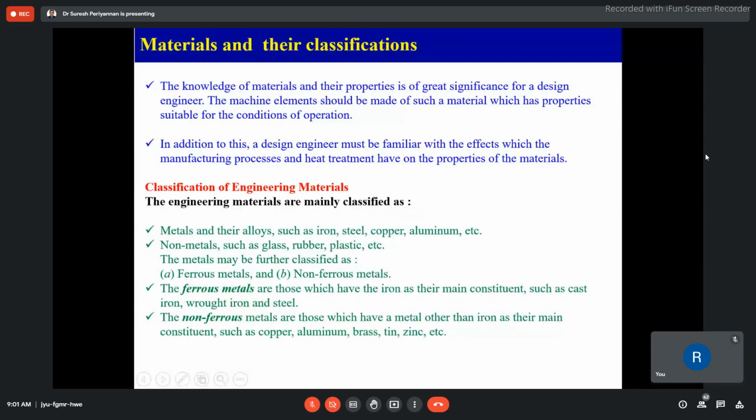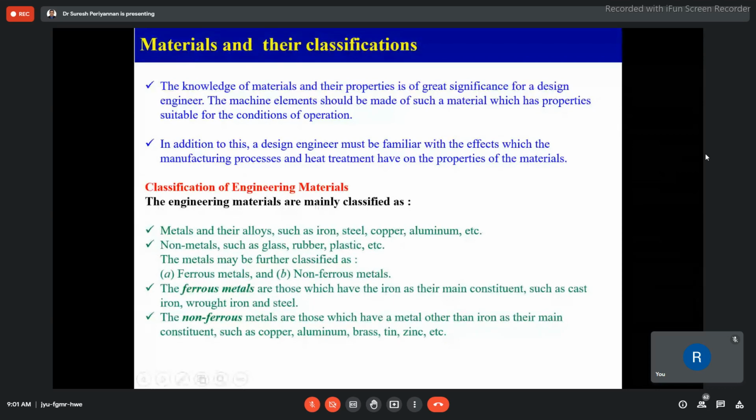Okay, and we can broadly classify non-metals as well: glass, rubber, plastic. For example, glass industries use non-metals. They are always handling highly brittle materials like different types of glass, borosilicate glass, silicon, and soda lime glass.